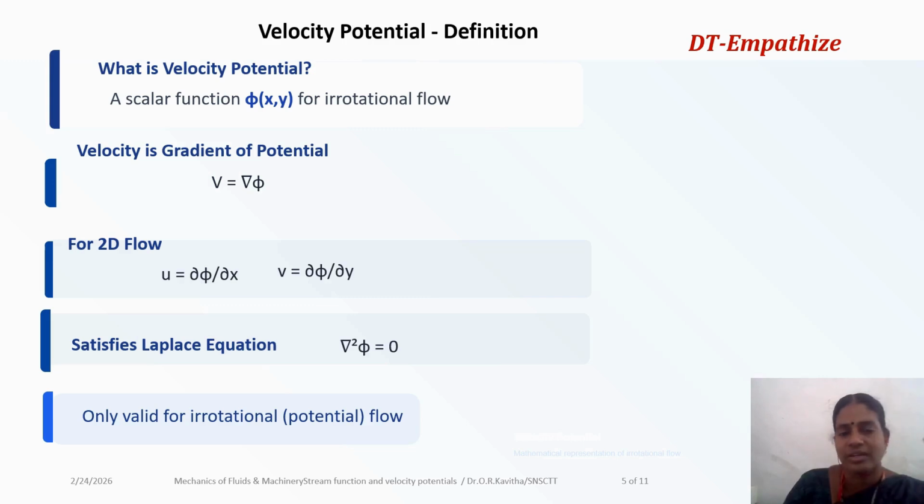For 2D flow, the velocity in the x direction will be ∂φ/∂x, and the velocity in the y direction will be ∂φ/∂y. It satisfies the Laplace equation, ∇²φ equals 0. It is only valid for irrotational flow. For irrotational flow only, this velocity potential function is valid. For other types of flow, it is not valid.